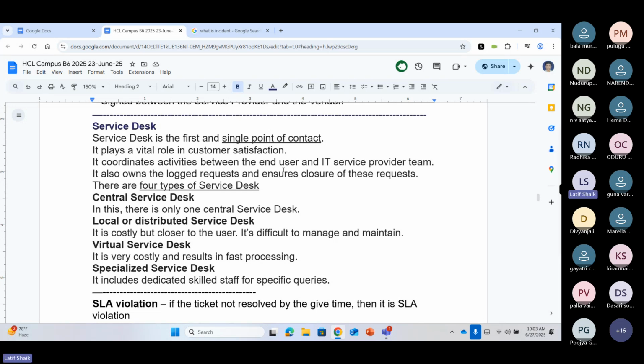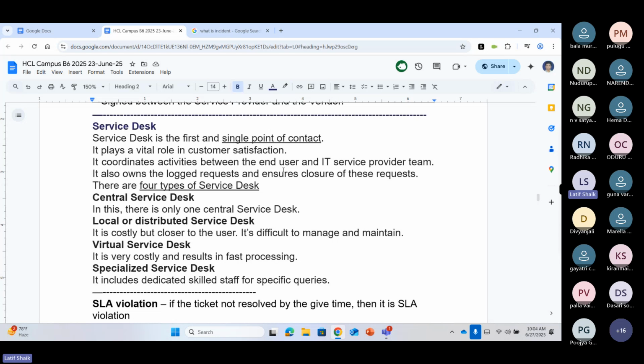It coordinates activities between the end user and the IT service provider team. So the intention of the service desk, as a single point of contact, is to meet the communication needs of both the user and the IT service provider team or IT employees.